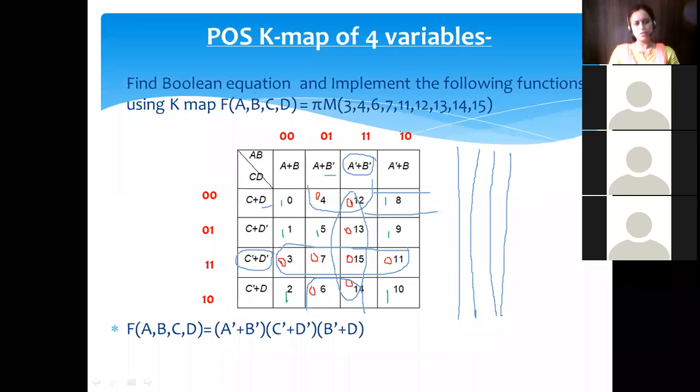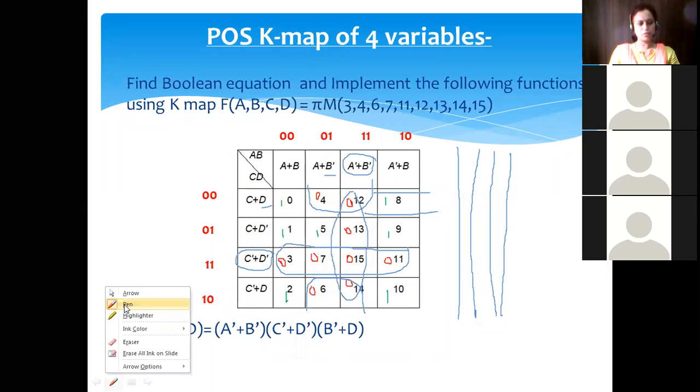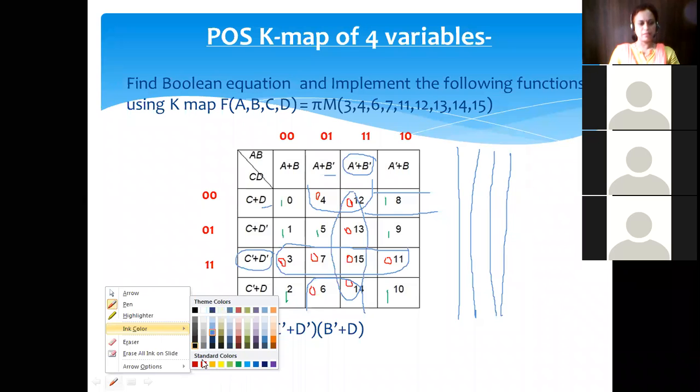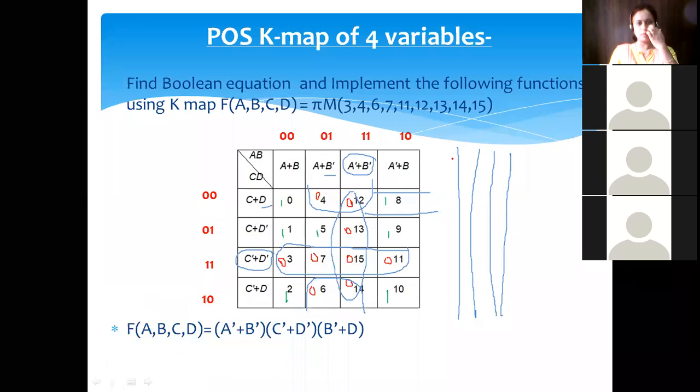Yeah, A, B, C, D. No, only 4 variables are there. Okay, right, that is correct.